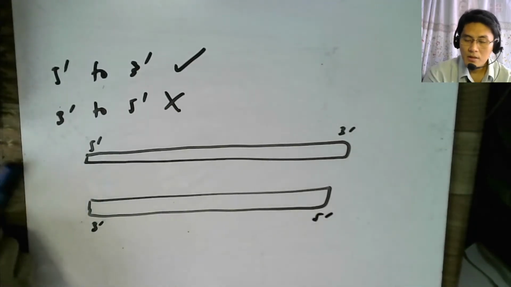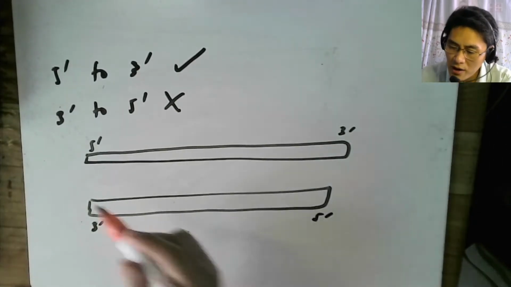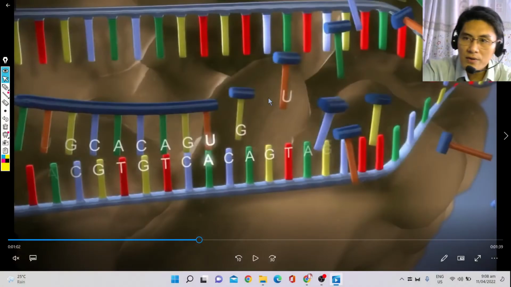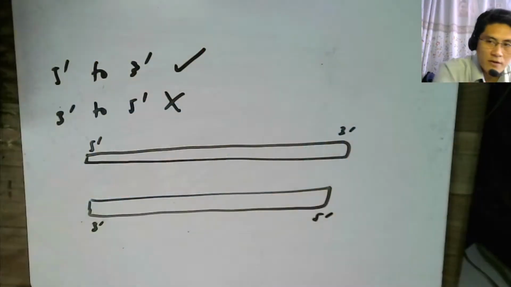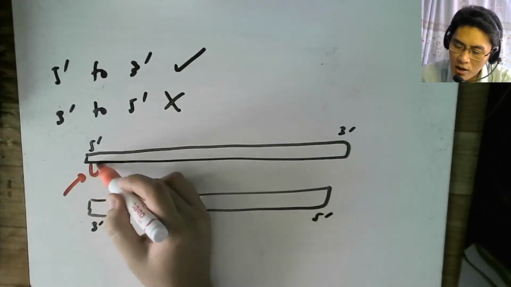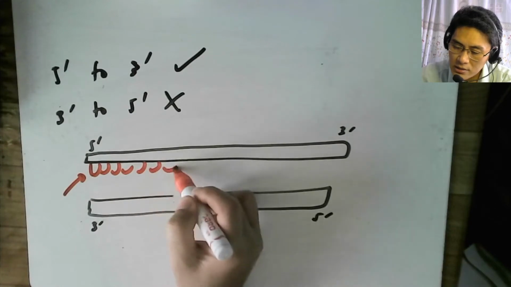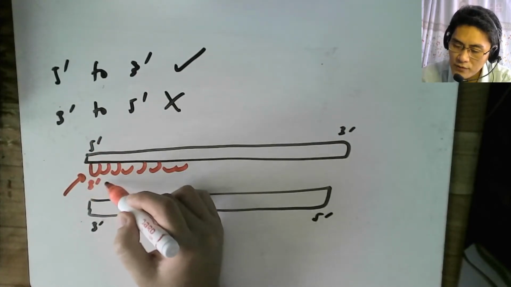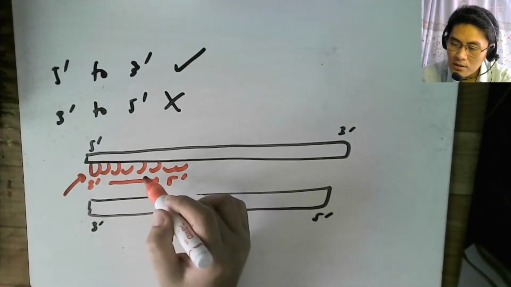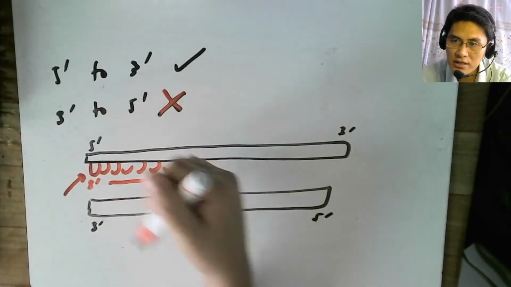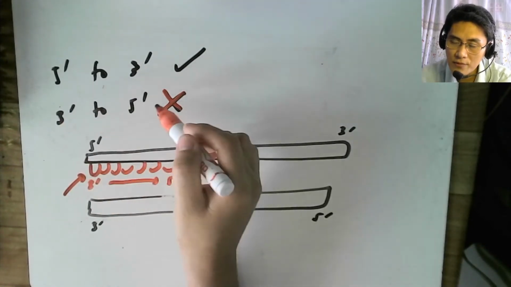Meaning, if you base pair it with RNA, just like in the video, if you go from left to right and start here, then you have to build that strand, and since this is the 5', this is 3', you have to go 3' to 5'. But again, that's not available. The RNA polymerase, just like the DNA polymerase, cannot do 3' to 5'.